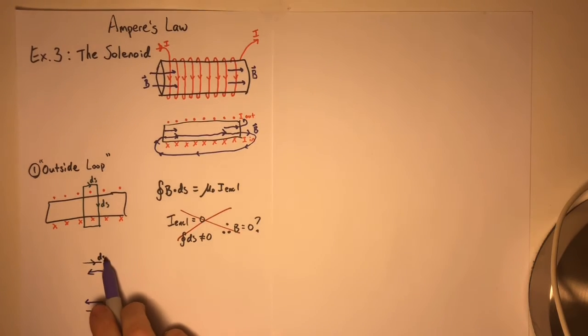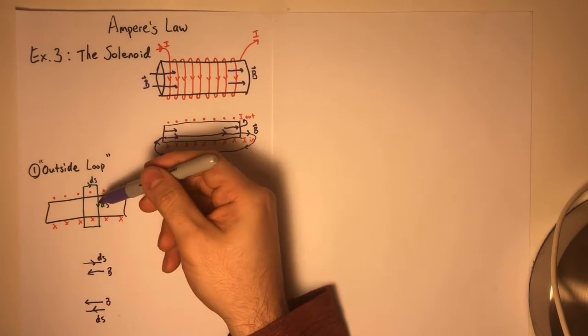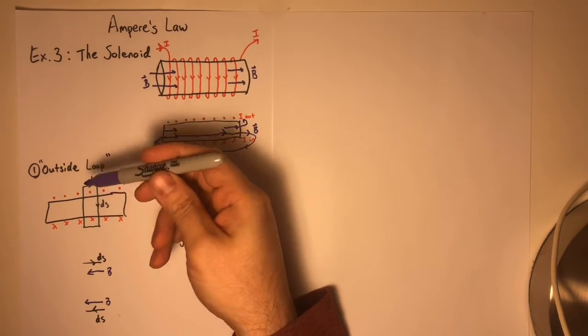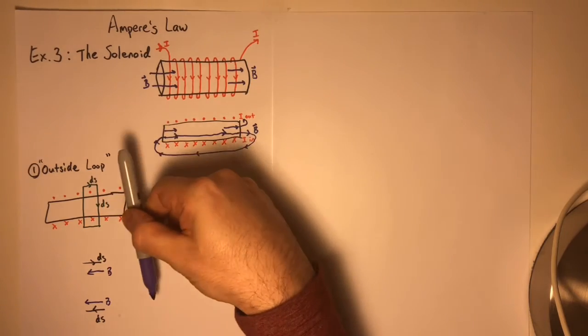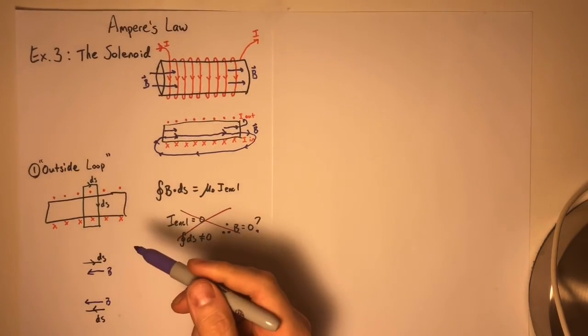So B dotted with ds would give you a negative number here, B dotted with ds would give you a positive number here, and so those two contributions would cancel each other out. These two segments of the rectangle run perpendicular to the magnetic field lines, so B dot ds would be 0 because of that perpendicularity.